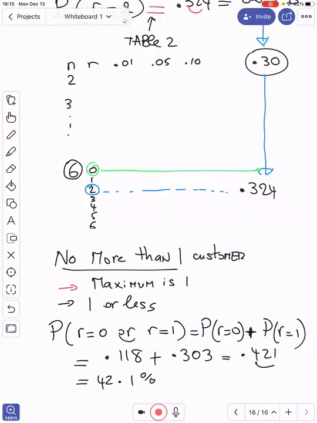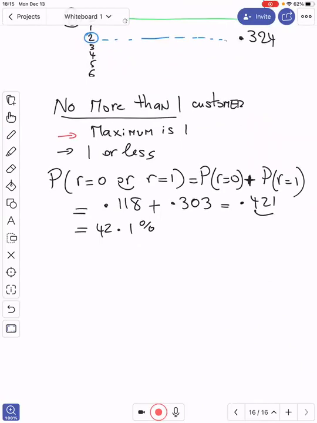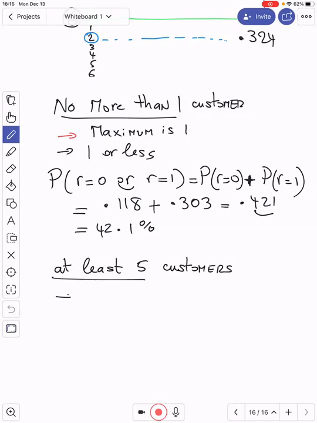Now, the other common mistake is the next question, which says we want the probability that at least 5 customers have COVID. So at least 5 means the minimum is 5.